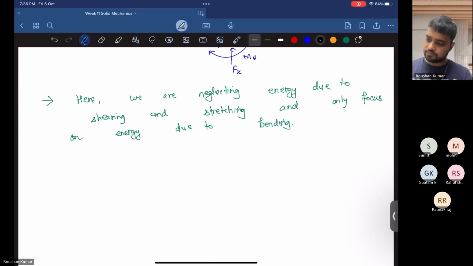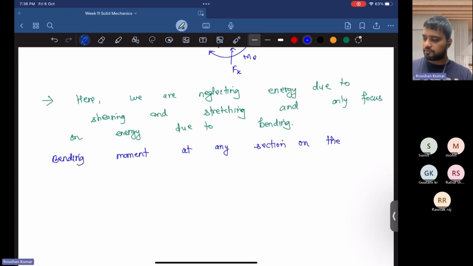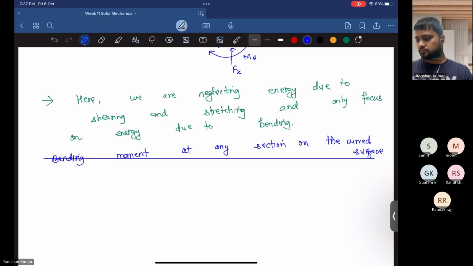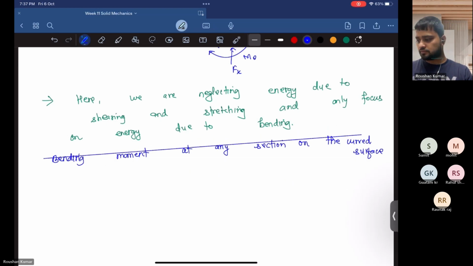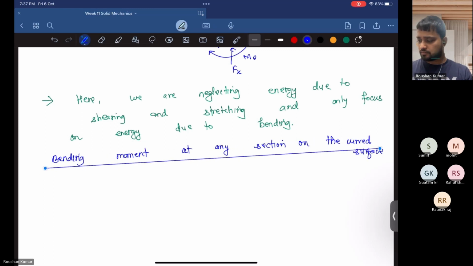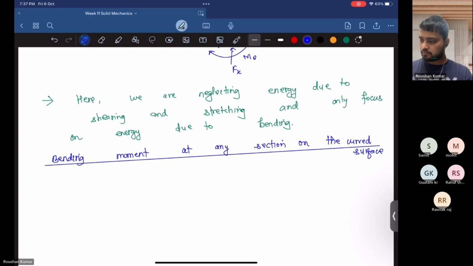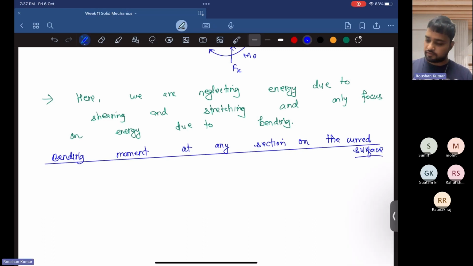Bending moment at any section on the curved surface is given by summation over MO equal to 0.